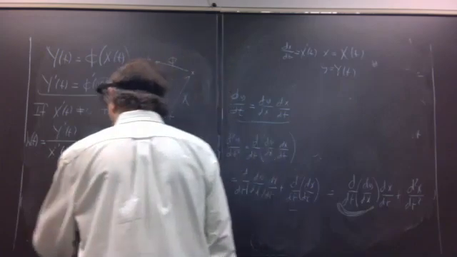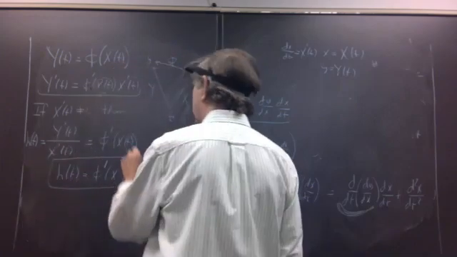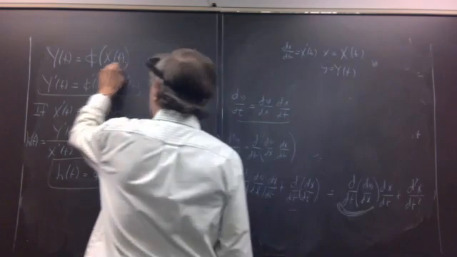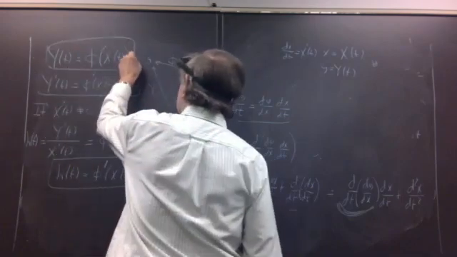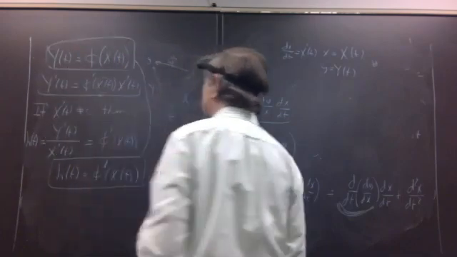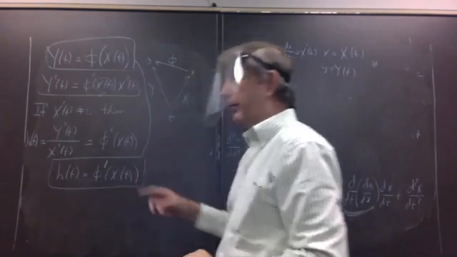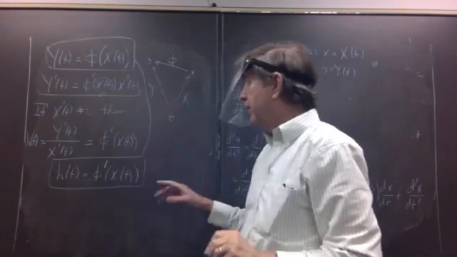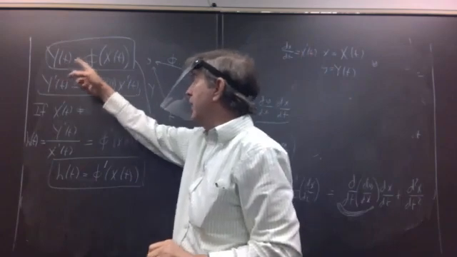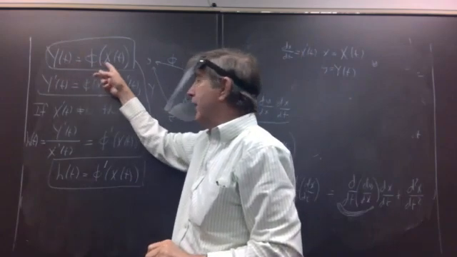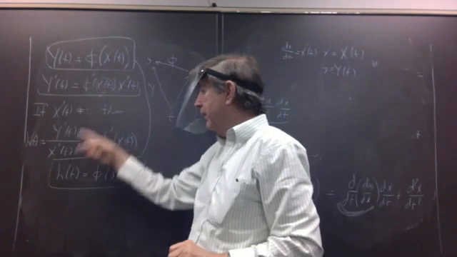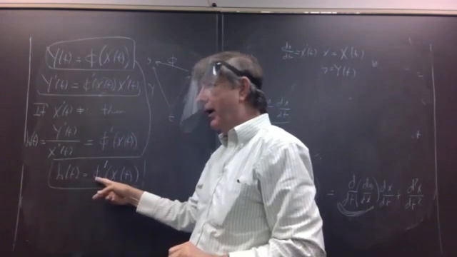Now, I'm hoping that it will click for you guys. I'm going to put boxes around two things, the one at the top here and the one down here. What I hope you see is this up here is y equals phi of x. This down here is h equals phi prime of x.